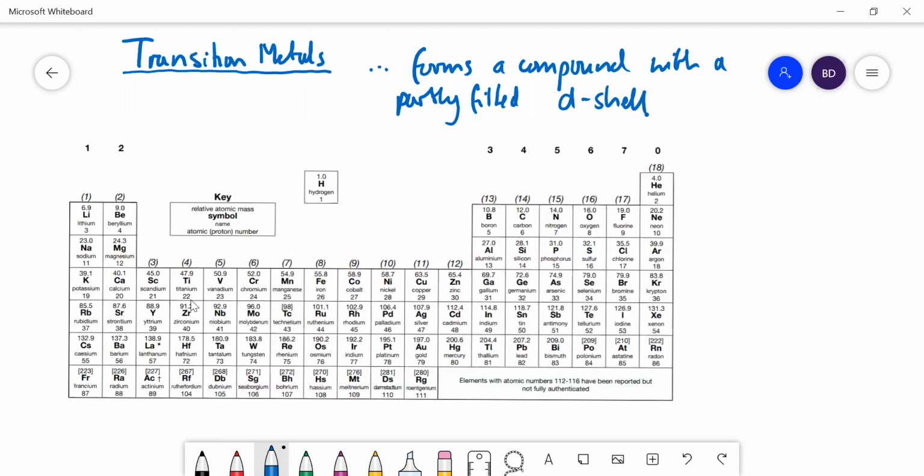Okay, so if we do our electronic structure, the last shell to be filled here is 3p. Argon has 3p6, and then we move on to potassium, which has 4s1. Calcium is 4s2, and then we have to start filling up the D shell.